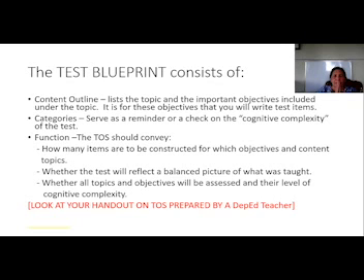So the TOS will also show whether the test will reflect a balanced picture of what was taught. Baka the test items, because it's easier to prepare, are concentrated only on one particular topic, and the rest of the topics only have probably one representation of test item.